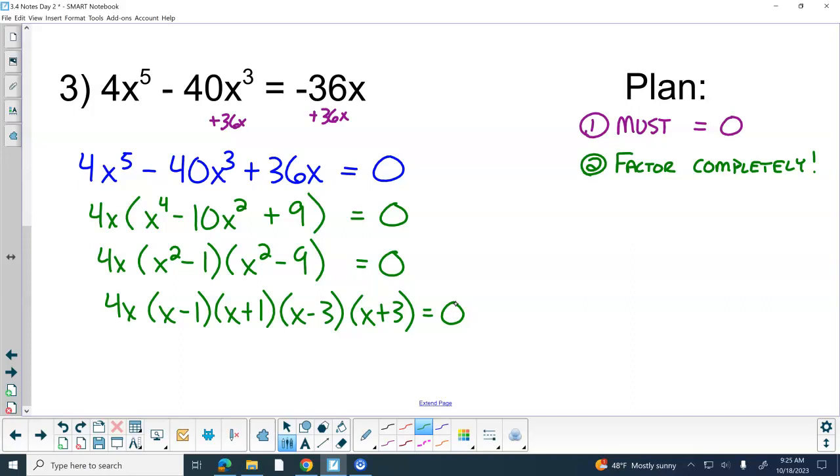Now, what we're going to do is set our factors equal to 0 and solve.